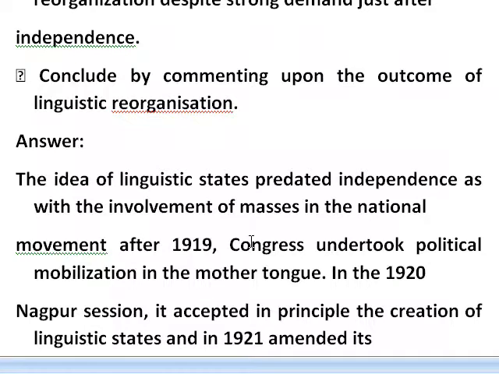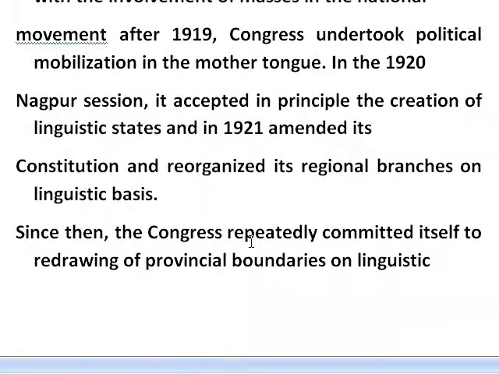Congress undertook political mobilization in the mother tongue in 1920. In 1920, the Nagpur session accepted in principle the creation of linguistic states, and in 1921 it amended its constitution and reorganized its regional branches on a linguistic basis.